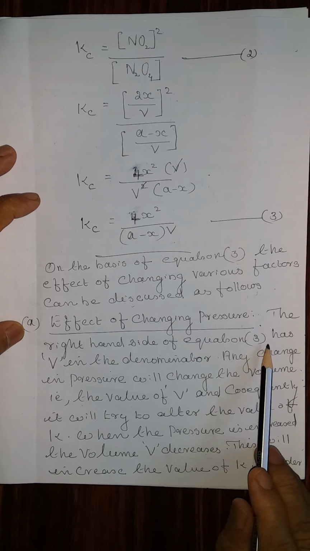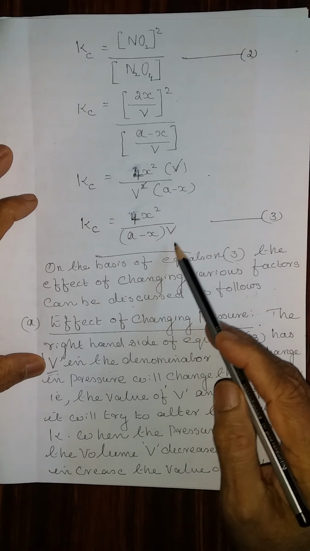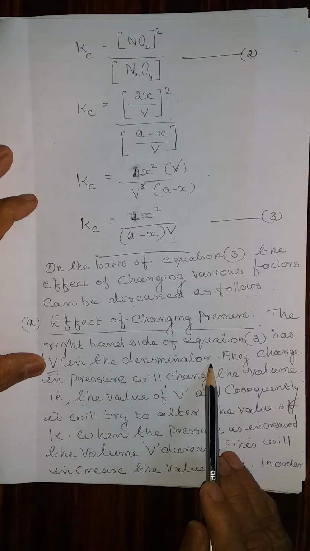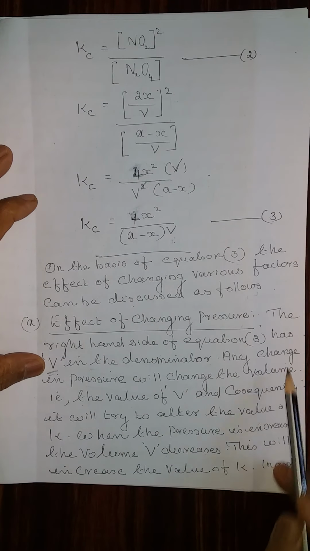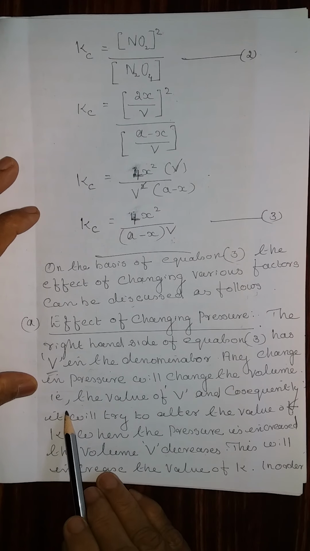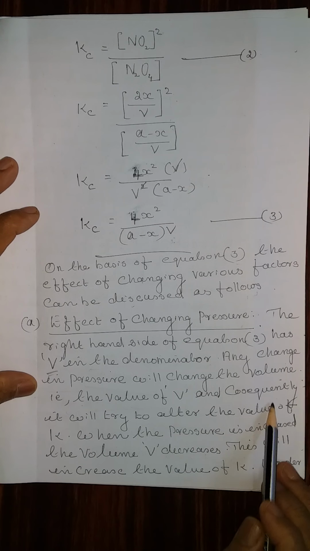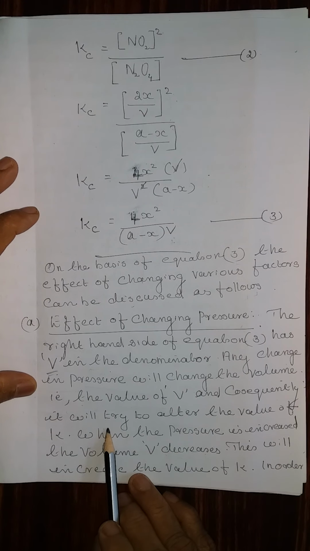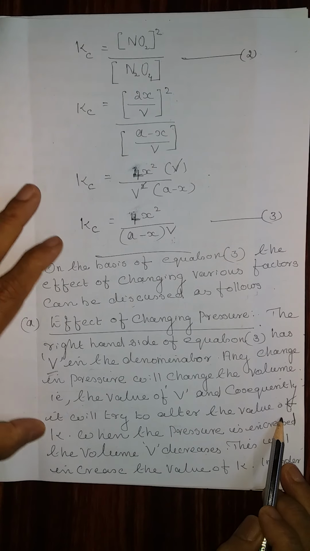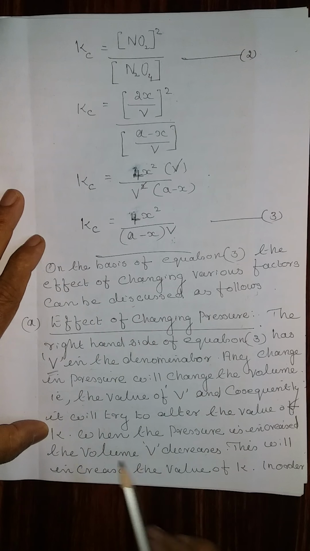The right hand side of equation 3 has the volume V in the denominator. Any change in pressure will change the volume, and consequently it will try to alter the value of Kc.